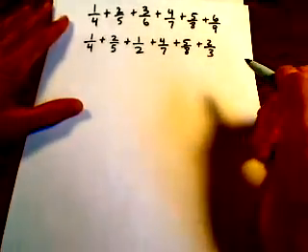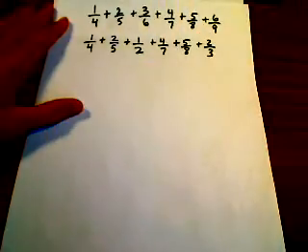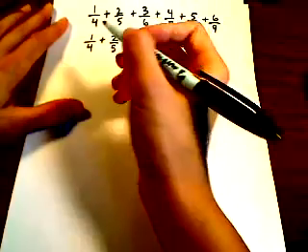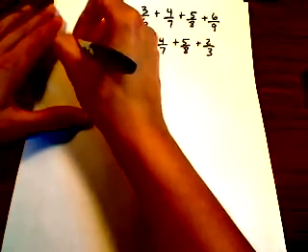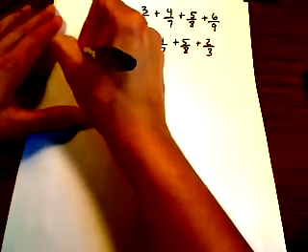Okay, so we've got to figure out what we need to multiply by to get us up to 2520. So 2520 divided by 4 is 630, so I'm going to multiply this one by 630 over 630.